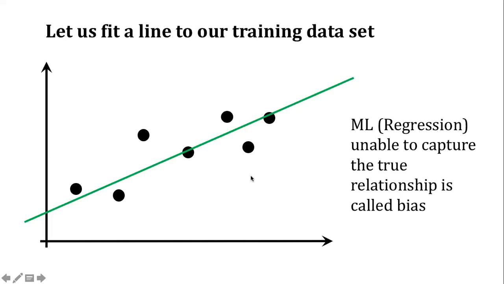How do we fit a line to this? What is the strategy to fit this line? Based on the distance, right? We find the total distance of each dot from the line.